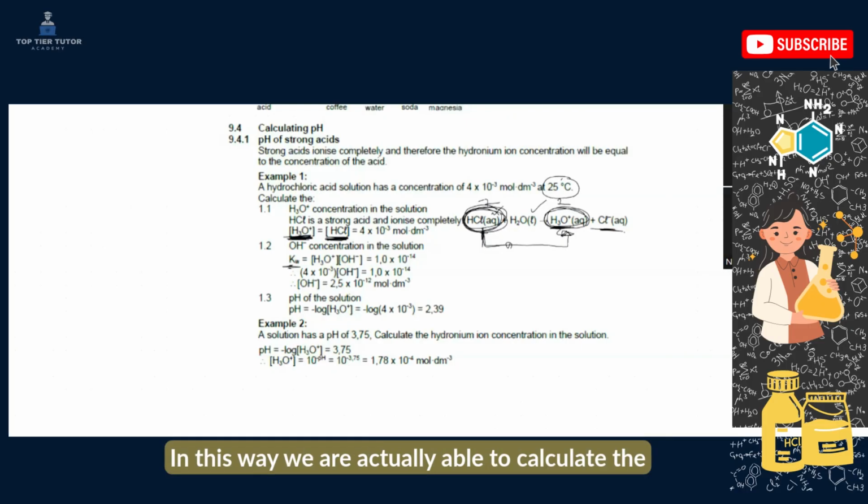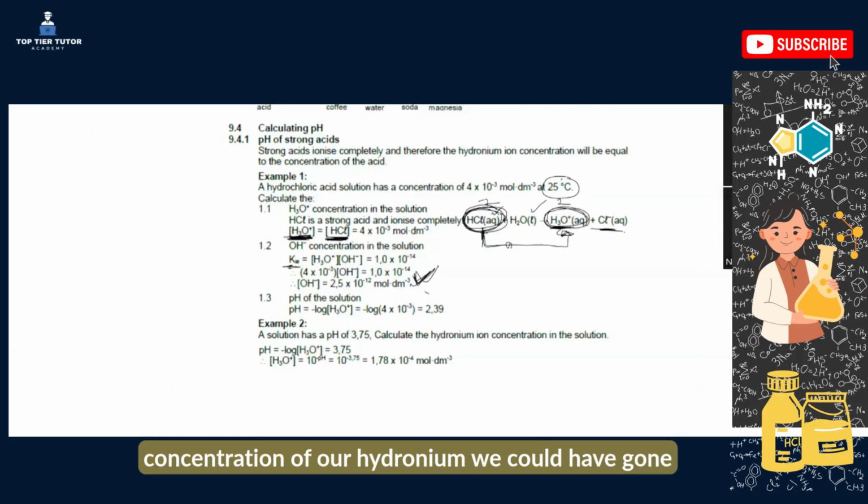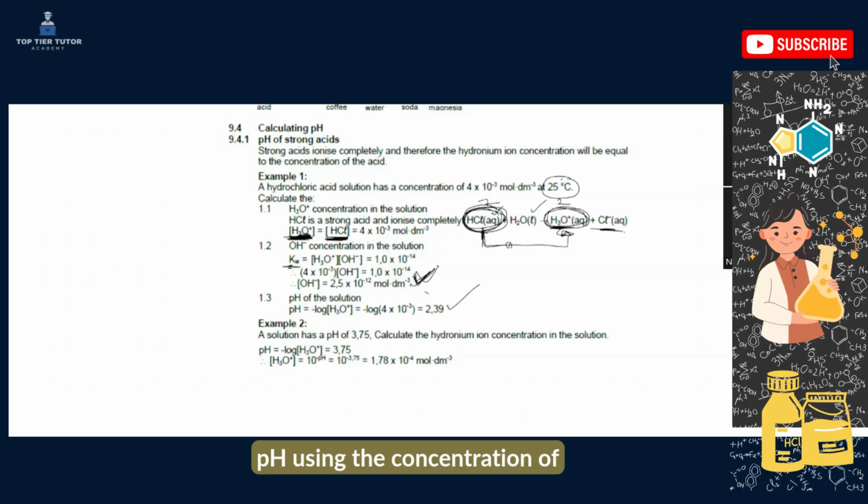In this way, we are actually able to calculate the concentration of our hydroxide. If need be, we can calculate. But because we already had the concentration of our hydronium, we could have gone to just the stage over here where we calculated the pH using the concentration of our hydronium, and there's absolutely no problem with that.